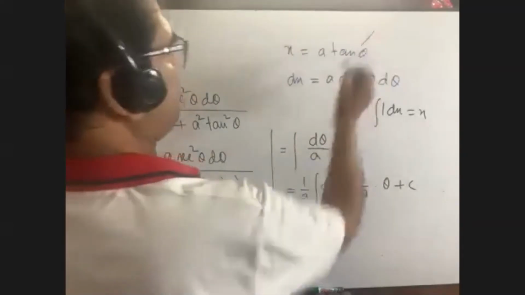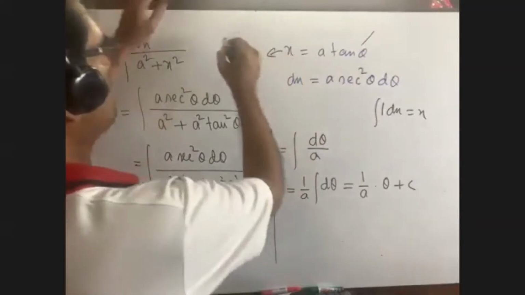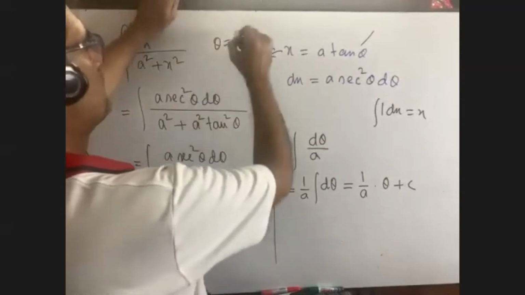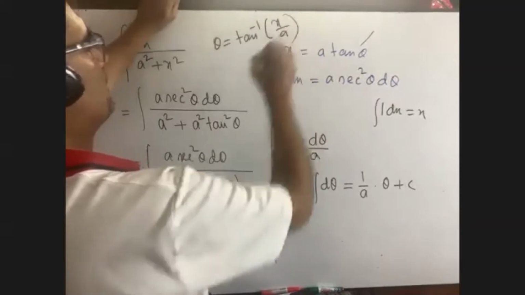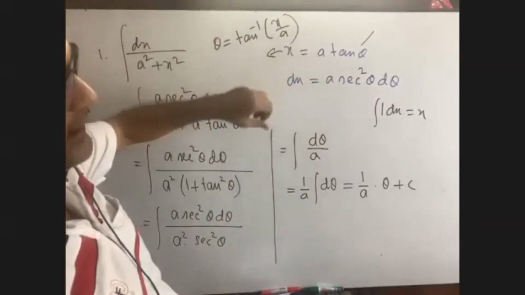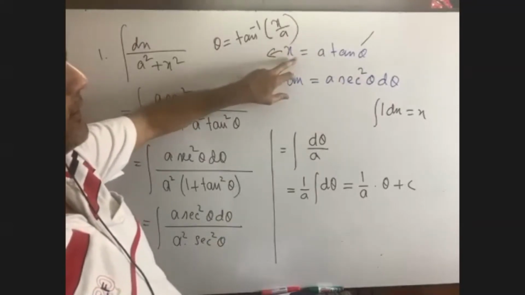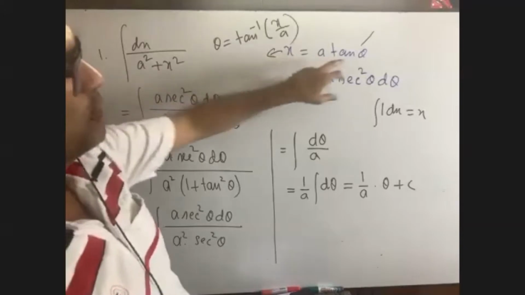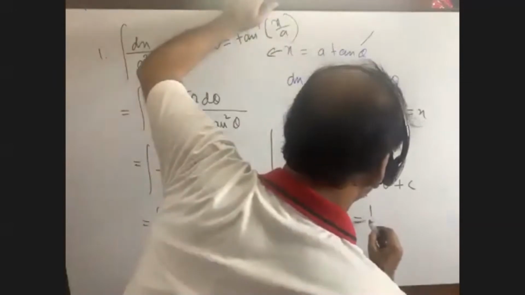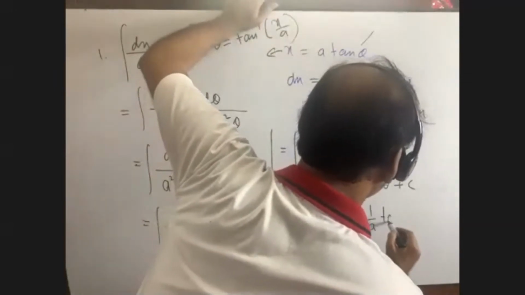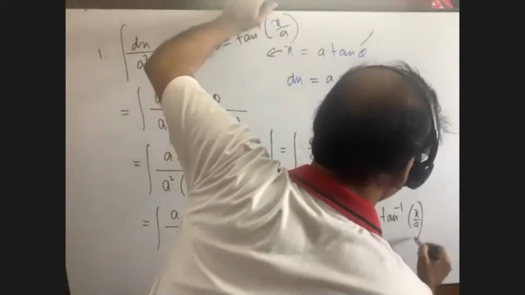From here, we can find the value of theta: theta equals tan inverse x by a, right? This a will be taken to the left hand side denominator. So theta equals tan inverse x by a. Now you put the value: 1 by a tan inverse x by a plus c.